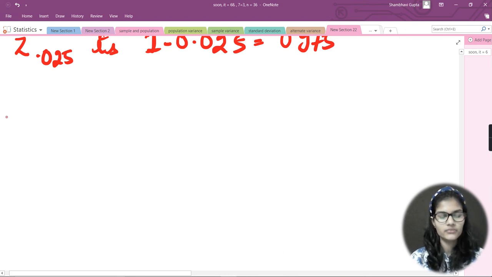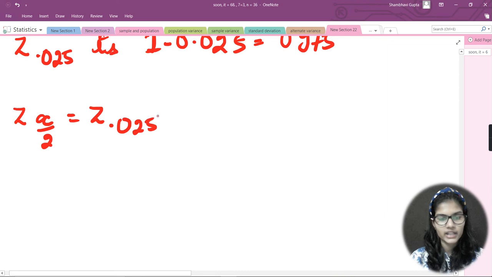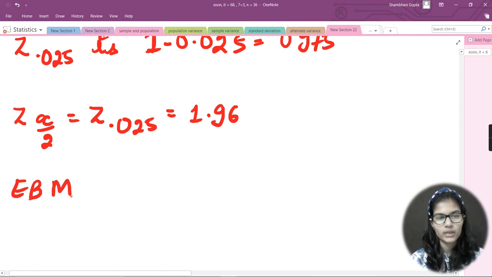Fine. So now here I can calculate things. So z of alpha by 2 is z of 0.025, and that results in 1.96. Right, and if I want to find the error bound mean, that will be very simple because we know all the values. The value for z of 0.025 is 1.96.